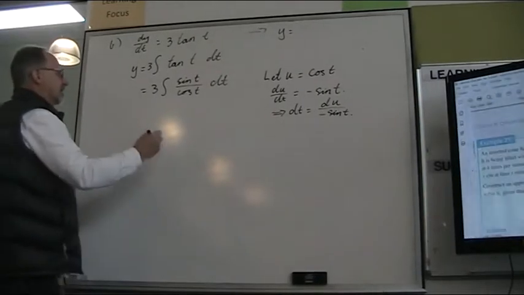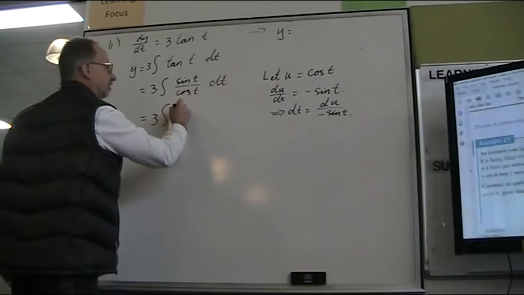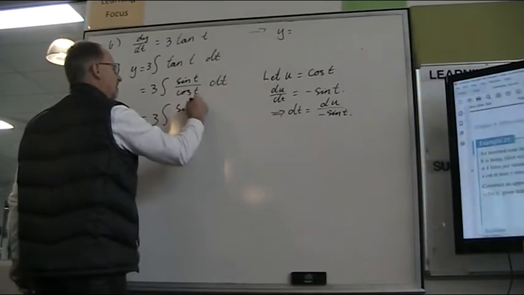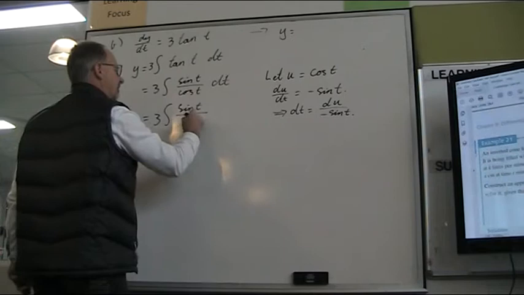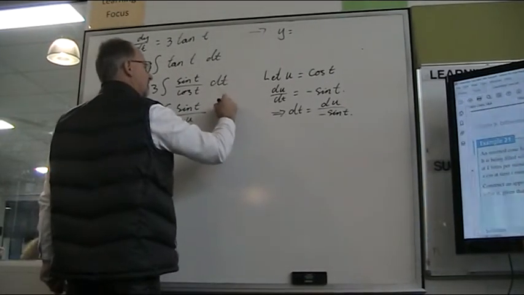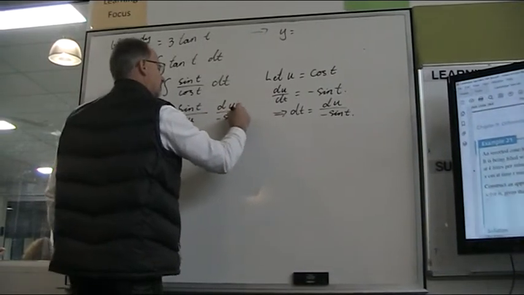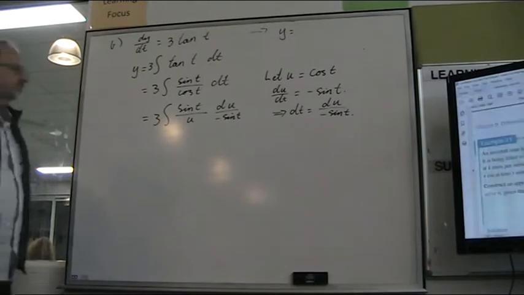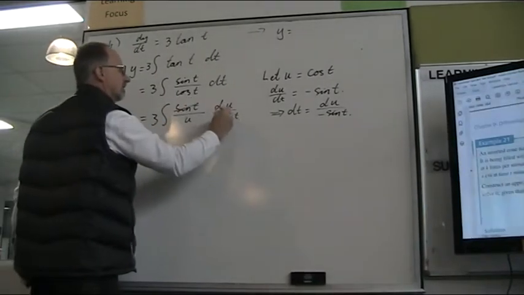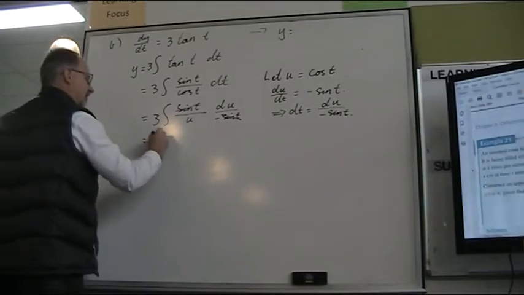Alright, so let's make those replacements. We've got sine t up here, we've got u there, and we're replacing dt by du on negative sine t. So the sine t's cancel. Bring the negative out the front.